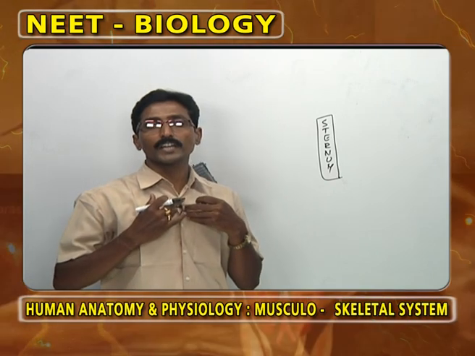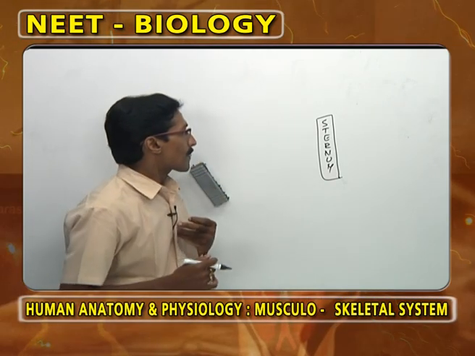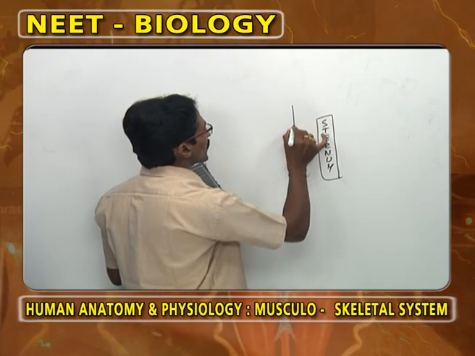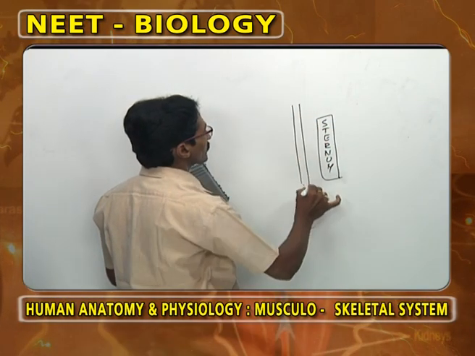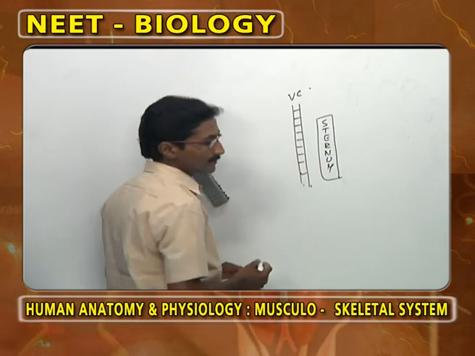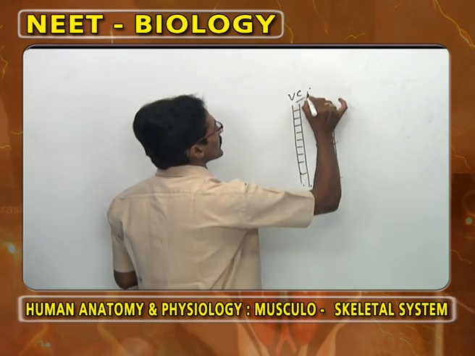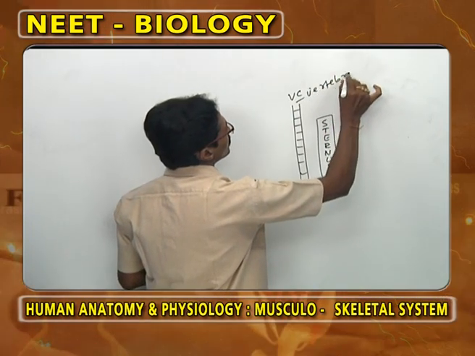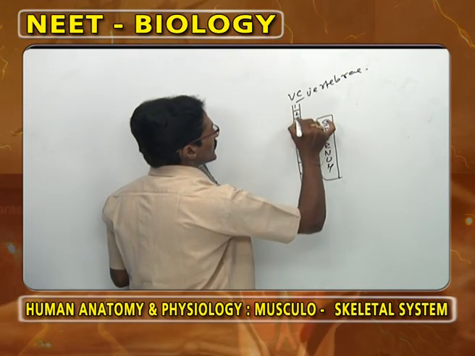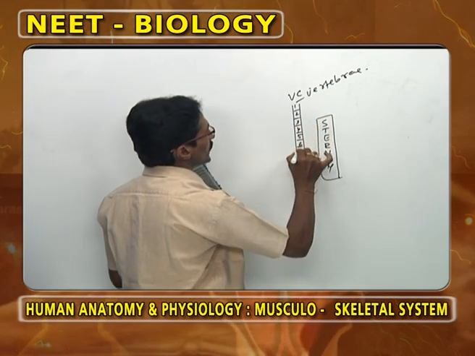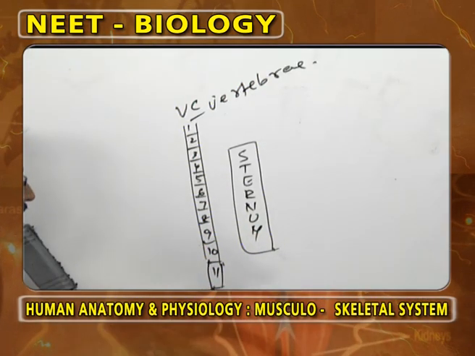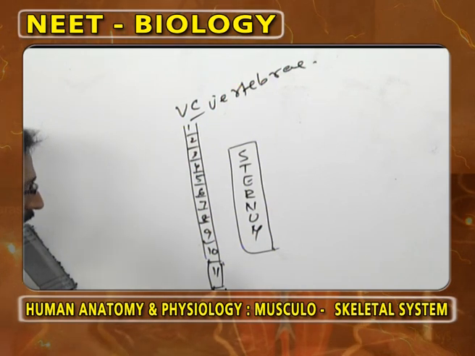Now, as we observe the vertebral column, the vertebral column has the vertebrae. First, second, third, fourth, fifth, sixth, seventh, eighth, ninth, 10th, 11th, 12th, and 13th.